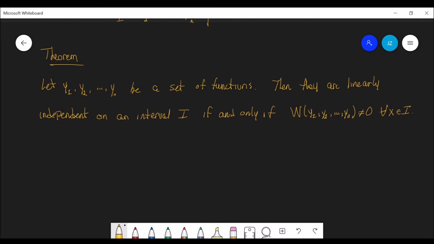If that Wronskian is not 0 over an interval, then the functions are linearly independent over that same interval.